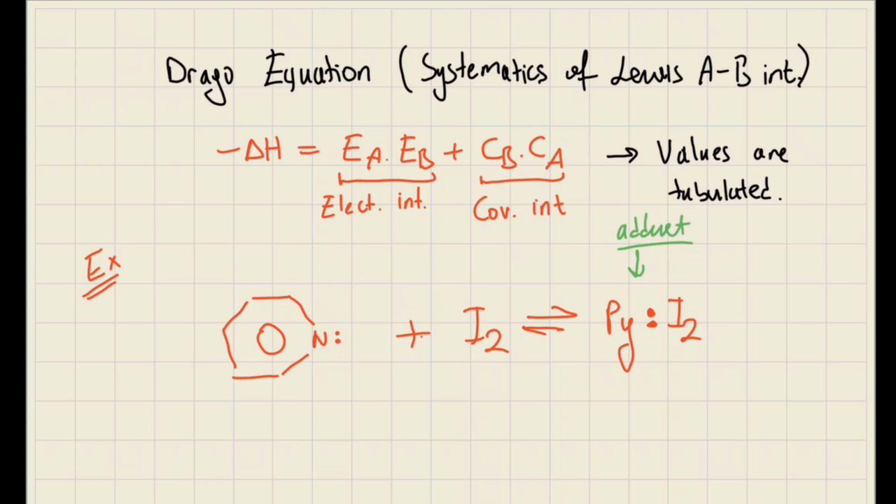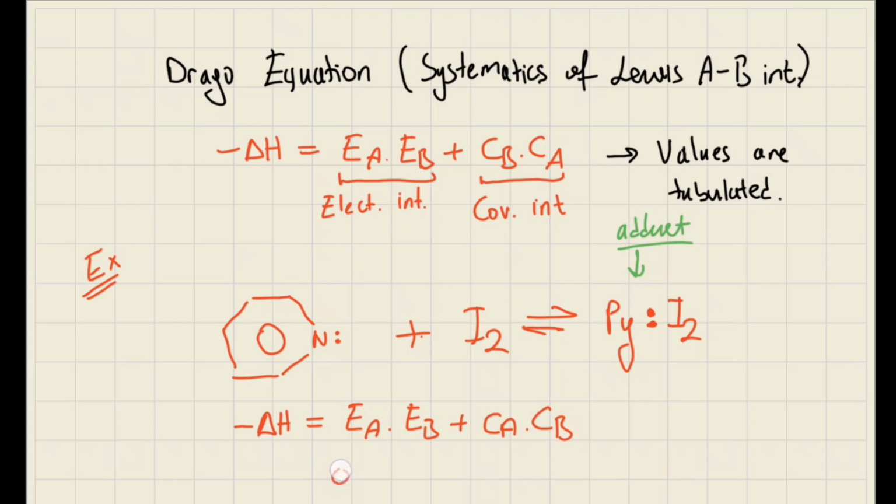And we can calculate the enthalpy of this reaction by using the Drago equation. The delta H for this reaction can be written as EA times EB plus CA times CB.